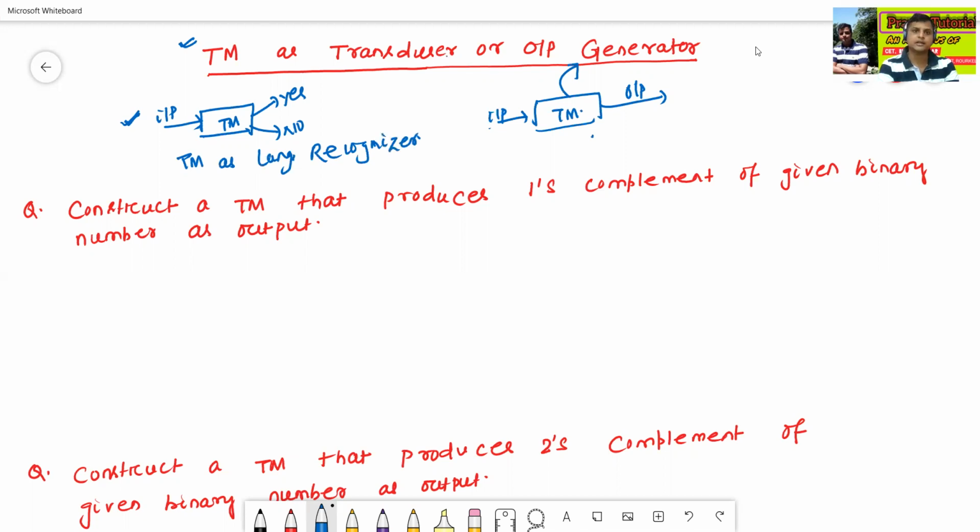This one we have already discussed, many Turing machines for different kinds of languages in the previous classes. But in this class we will discuss only this part, the Turing machine as output generator.